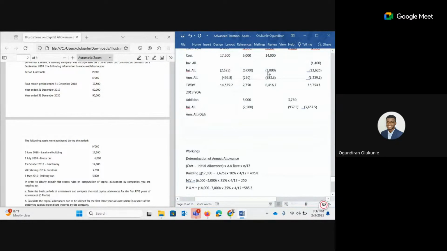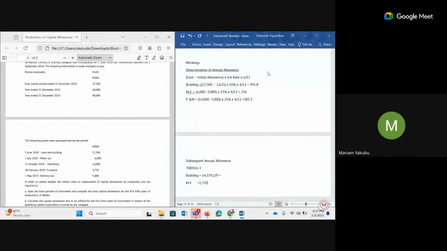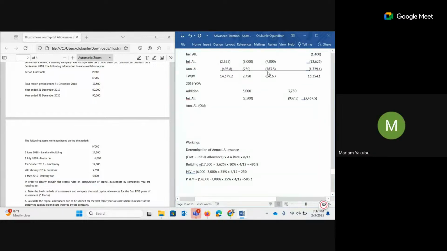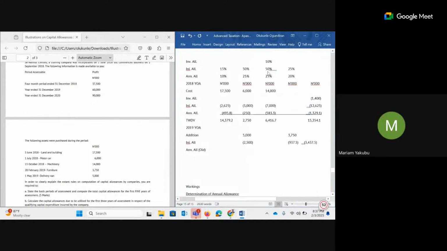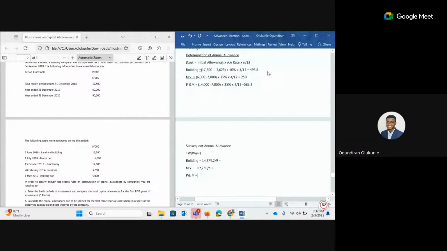That's 2,750 divided by 3. Is that correct? Yes, sir. Plant and machinery: 6416.7 divided by 3. So help me with all of those figures so that we can move on from there.